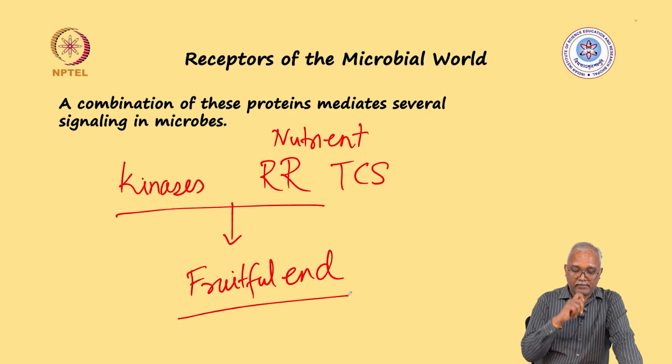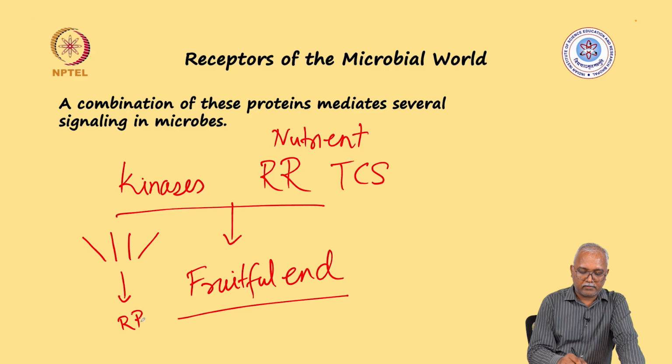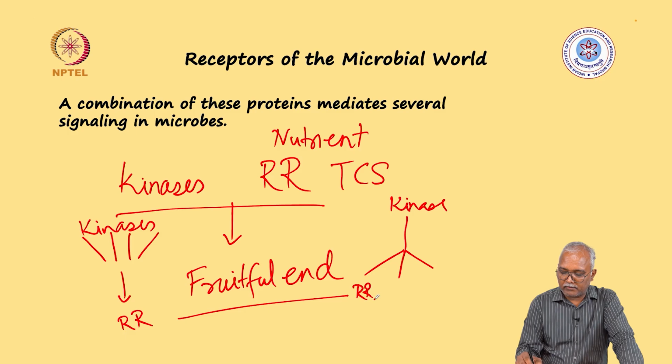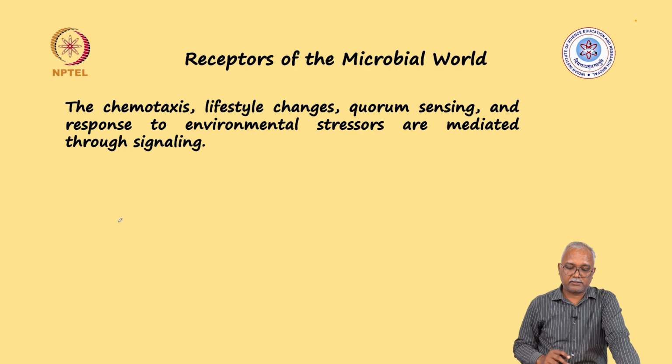We will see in further cases how multiple kinases will respond to one response regulator, or culminate into one response regulator. Similarly, a single kinase can eventually engage with multiple response regulators. So, many-to-one and one-to-many signaling will both be present in the system.